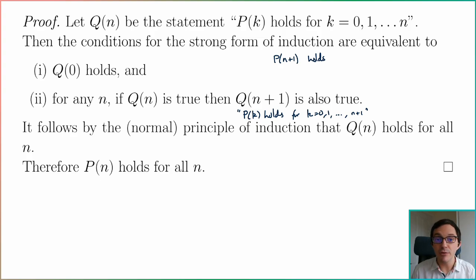But vice versa, if you think that the strong form of induction is the obvious one, that you should be allowed to assume all the previous things hold in order to deduce the next one holds, then good news, you can prove that normal induction works, because that's like fighting with your hands tied behind your back, isn't it?